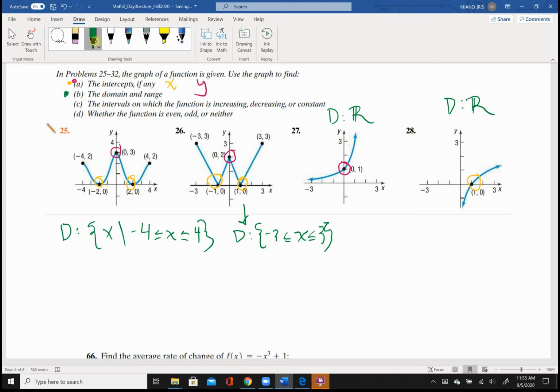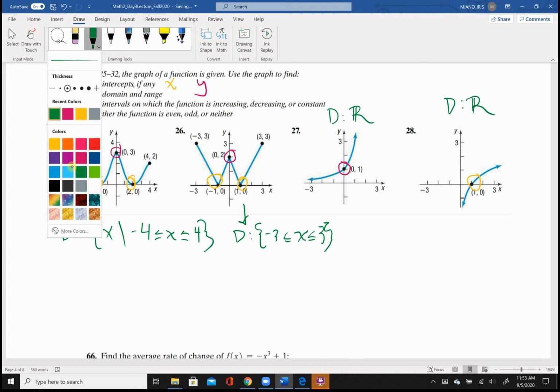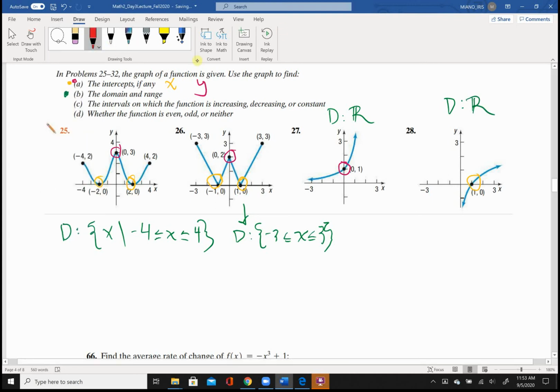Okay, now let's do the range. That's all the y values that you expect to be appropriate here. So I'll put red for that. So the range is going to be, what y values do we span? Well, the smallest y value appears to be at 0. And I go all the way up to 3.